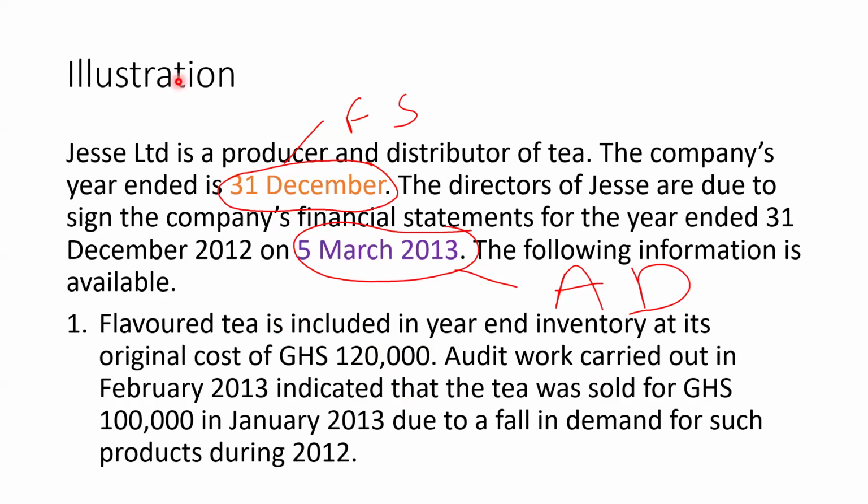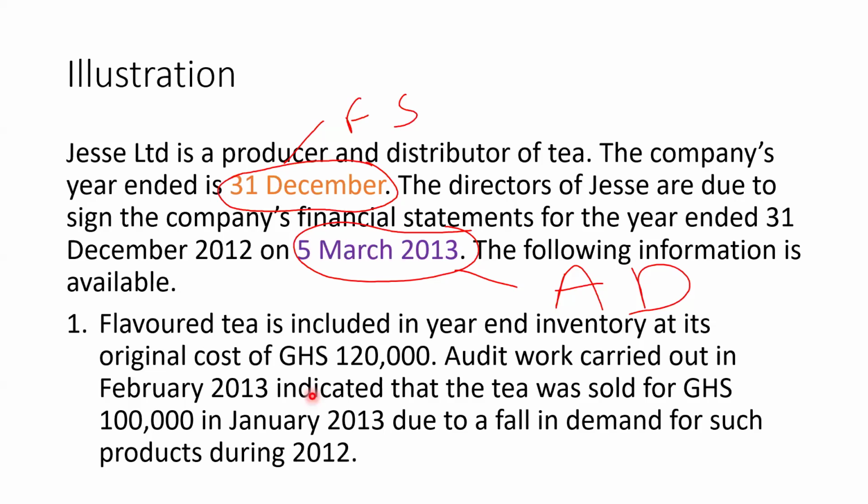Is it clear up to this point? You have to subtract the overstatement from the profits in the income statement, so you have to debit the income statement. Overstating closing inventory means you are overstating your profits.